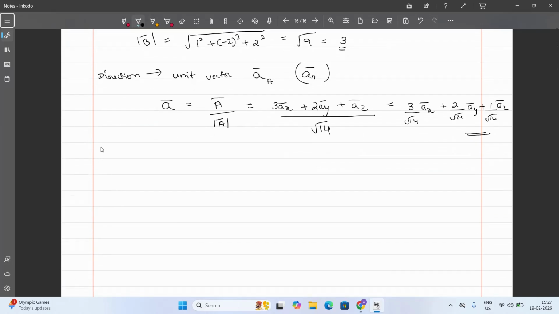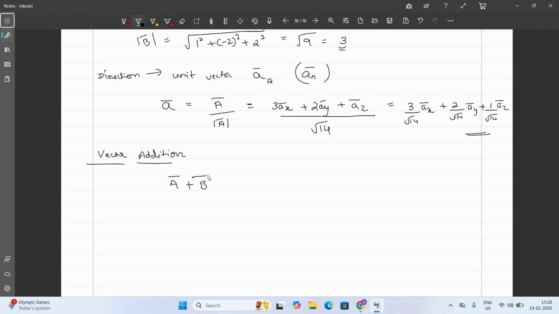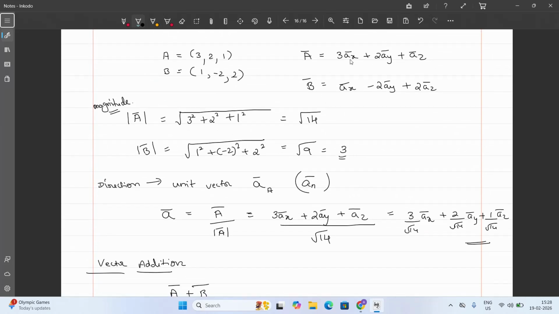Now coming to the vector algebra, I want to add the two vectors. So if I want to do vector addition of two vectors, that is A plus B, I just have to add A plus B. Okay, so it's a one-to-one addition, axis by axis addition. That is, you have to add same axis values: ax values with ax, ay values with ay, az values with az.